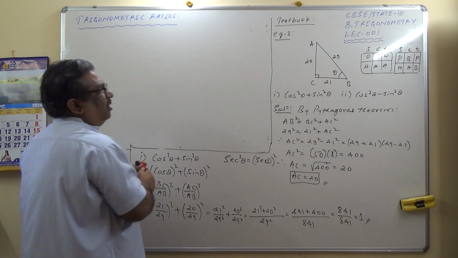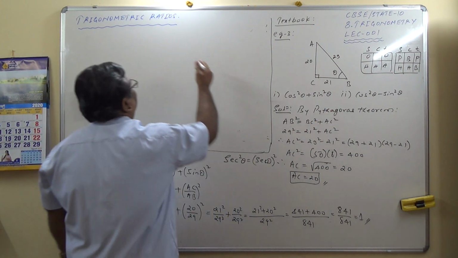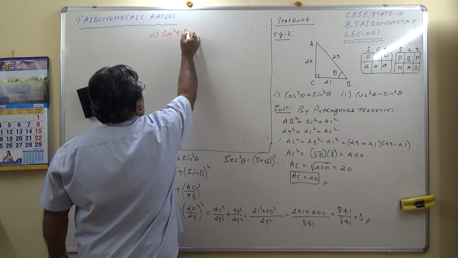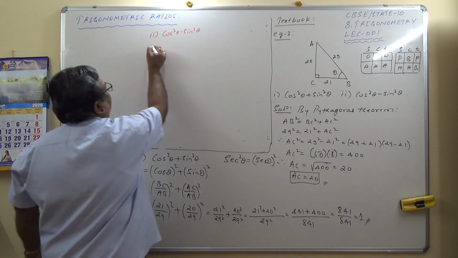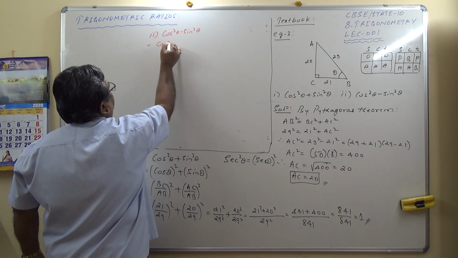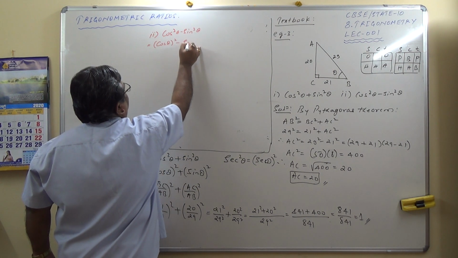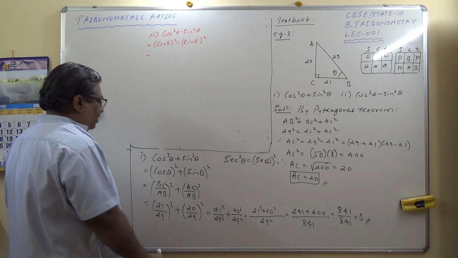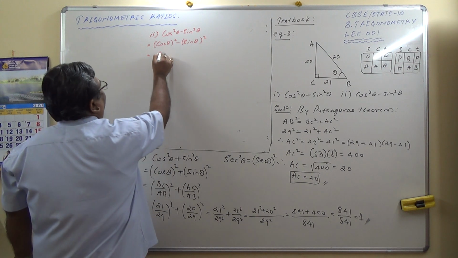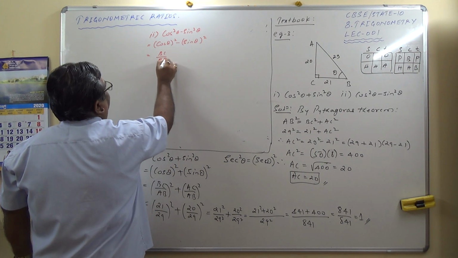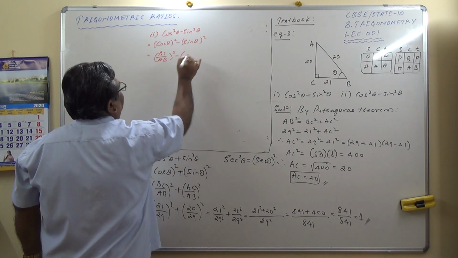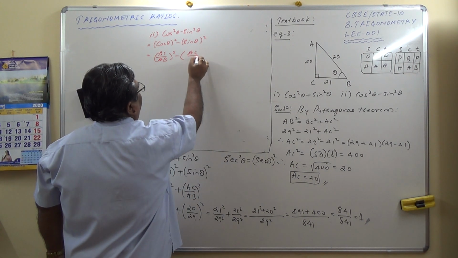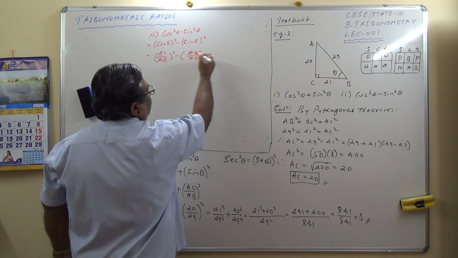Which one now? Second one. Cos square theta minus sin square theta equals cos theta the whole square minus sin theta the whole square. Okay, what is cos theta? Already we have BC by AB. BC by AB the whole square minus sin theta AC by AB the whole square, opposite by hypotenuse.